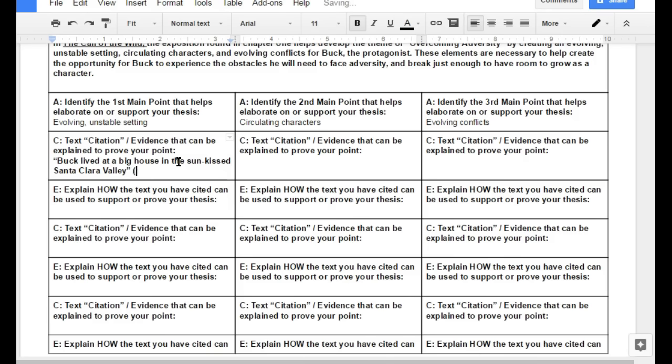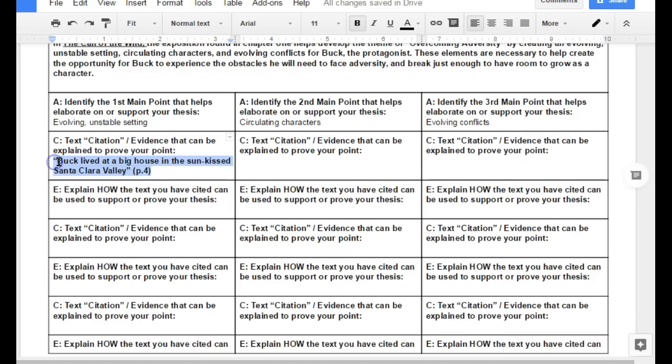Now, in a literary analysis TDA that we're doing, you don't need to use MLA format to cite page numbers and stuff, but for my own self, I like to make sure that I put them in there so that way I can go back and look it up and look at how that's used.